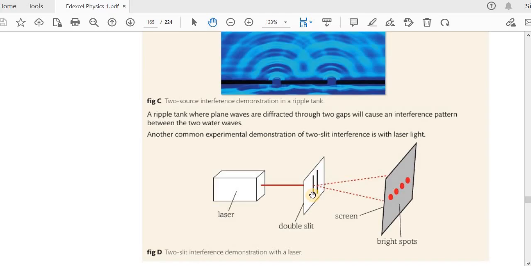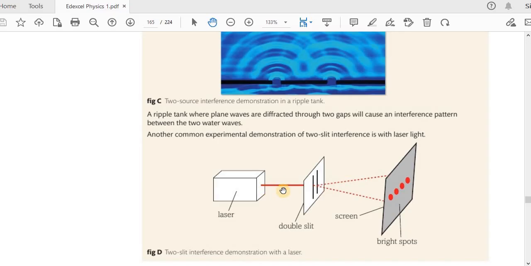But remember that the laser beam should have a diameter much bigger than the two slits combined with their gap. This is very small, and remember, for diffraction to occur, the size of the slit should be equal or approximately equal to the wavelength of the waves.